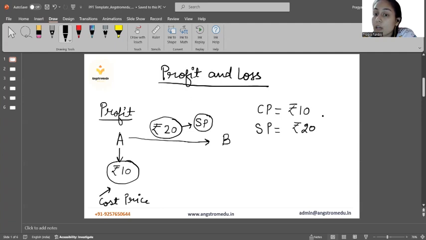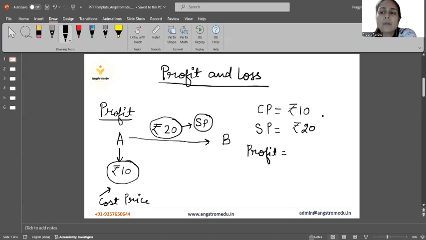Now we are talking about A, right? We are thinking from A's perspective that he has spent 10 rupees to purchase or to produce that pen. That is the cost. And he has sold it to B at rupees 20. So it will become the selling price of that pen for A. So if we want to know how much profit A has earned, how will we calculate it?